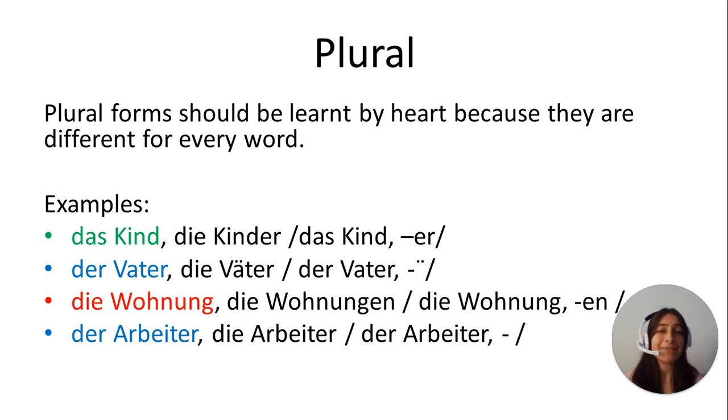Do we have any difference here? You're right, no difference. Arbeiter, Arbeiter. Now you will ask yourself, but how do we recognize singular from plural form? That's why the different definite articles and indefinite articles exist.